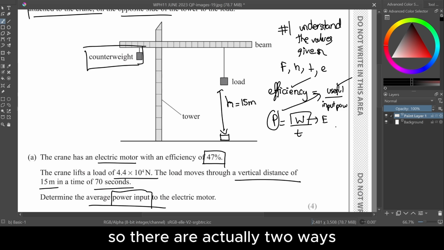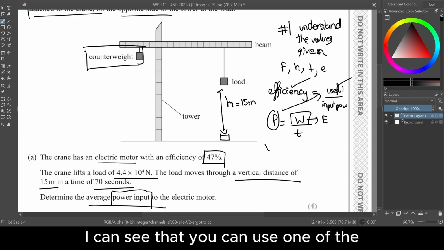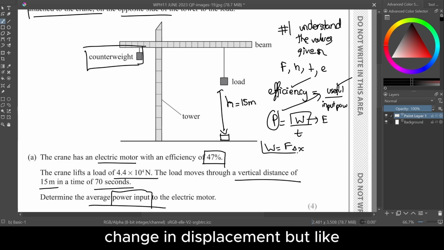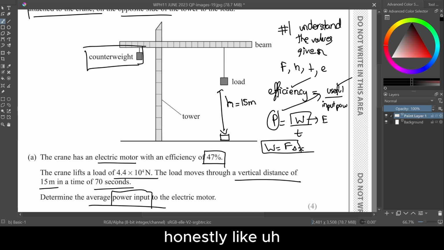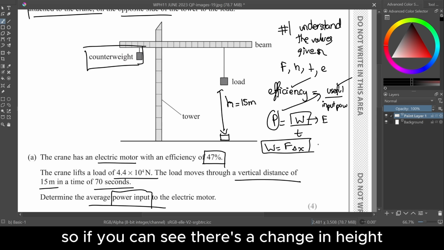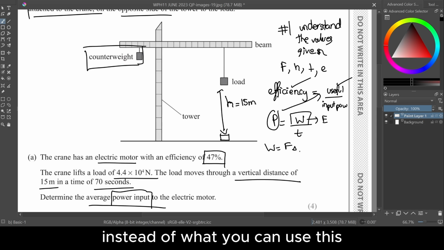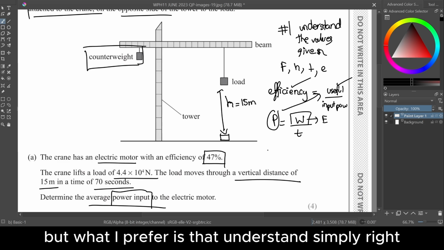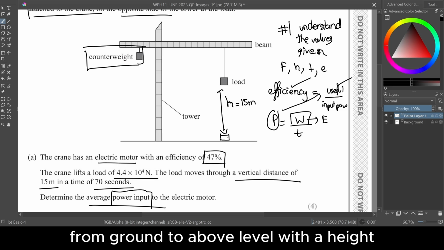So there are actually two ways I can see that. You can use one of this formula, F into change in displacement. But honestly, the way I understand it, just make it simple, right? So if you can see there's a change in height, you can use this and you will still get the same answer, okay? But what I prefer is that understand simply, right? So you're moving the box from ground to above level with the height.